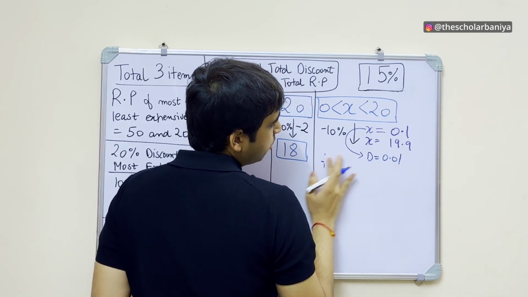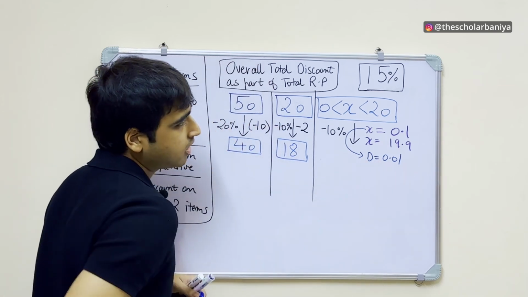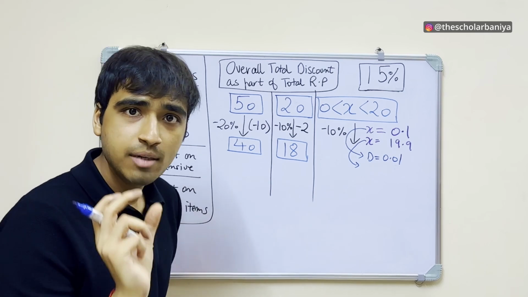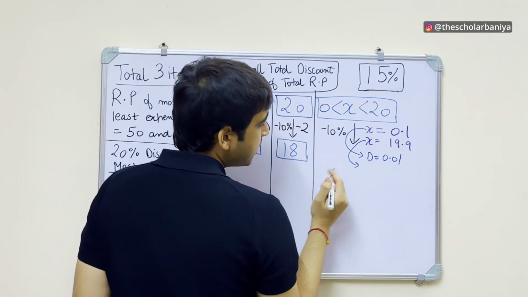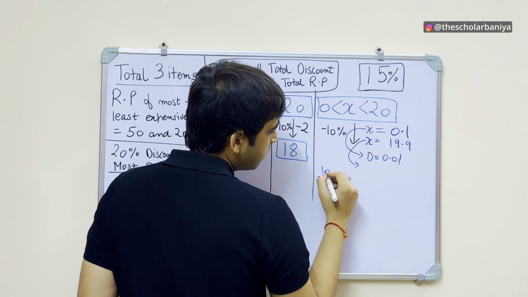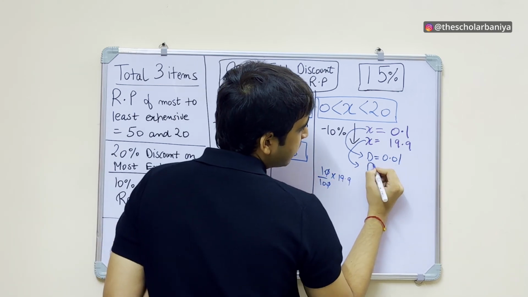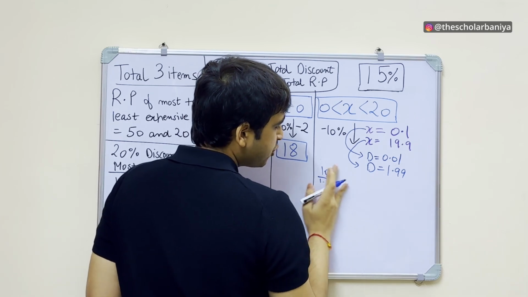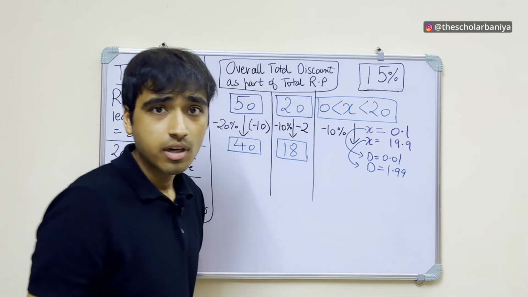So this will be the discount, right? Similarly, for this case, if X is 19.9, so 10% discount will be how much? 10 upon 100 into 19.9, which means 1.99. So the discount will be 1.99. I hope this should be fine, right?